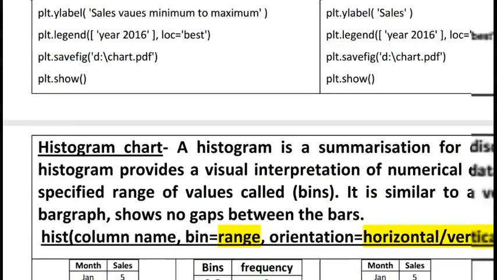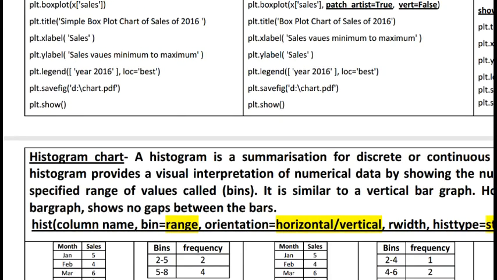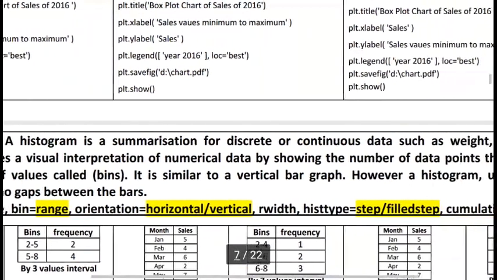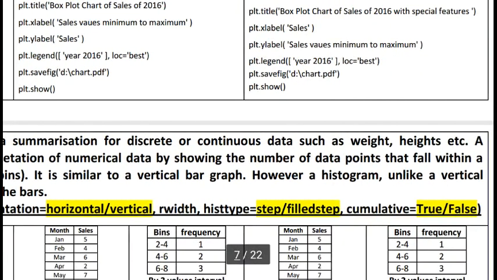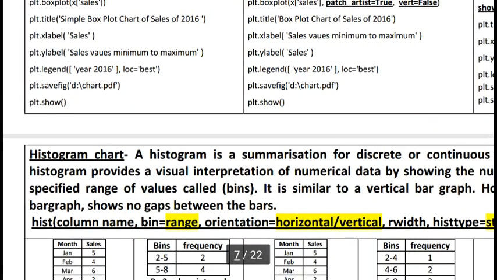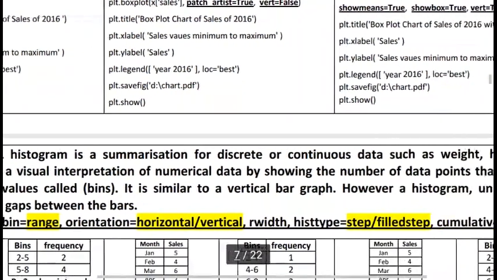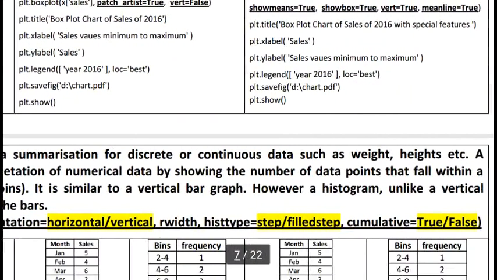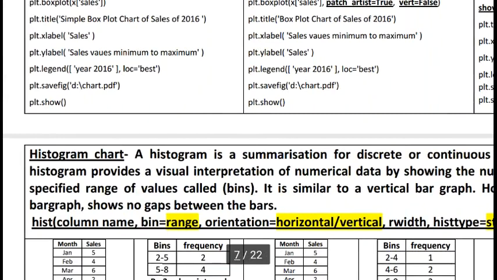A histogram is a summarization for discrete or continuous data such as weight, height, distance. A histogram provides a visual interpretation of numerical data by showing the number of data points that fall within a specified range of values called bins.